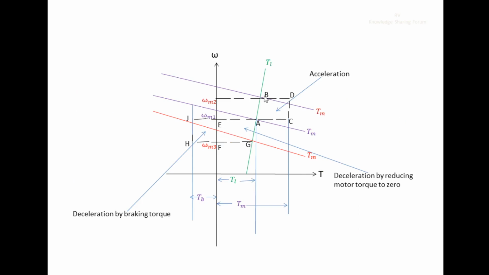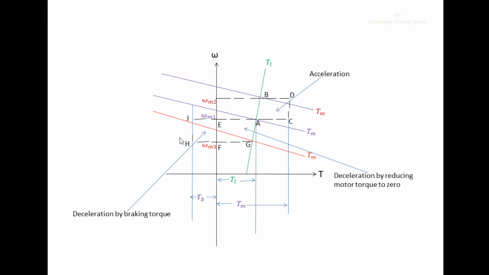Now let me show you the entire diagram of acceleration and deceleration with reducing motor torque to 0. This is with enough load torque, and this is without enough load torque, which we carried out by braking torque. In order to make you understand clearly, I have explained acceleration separately, deceleration by reducing motor torque to 0 separately, and deceleration by braking torque separately.